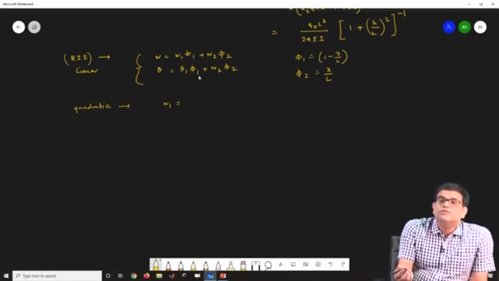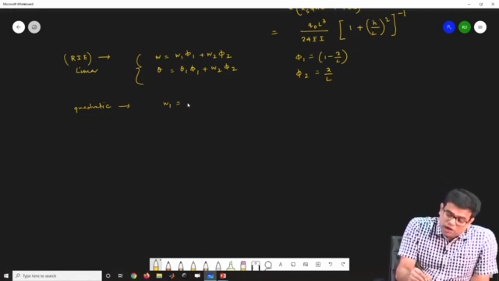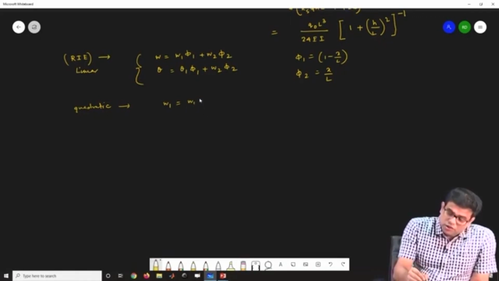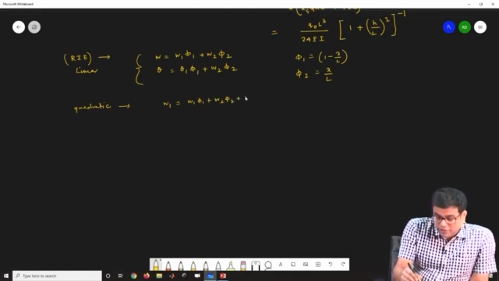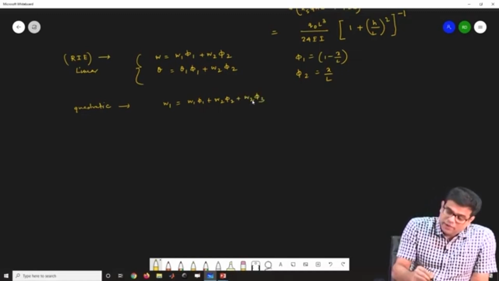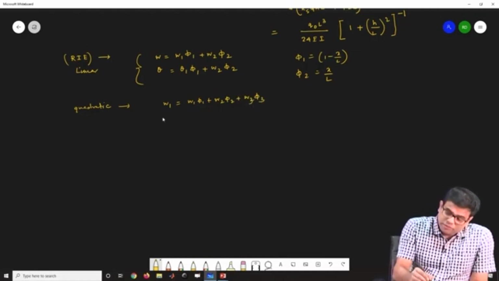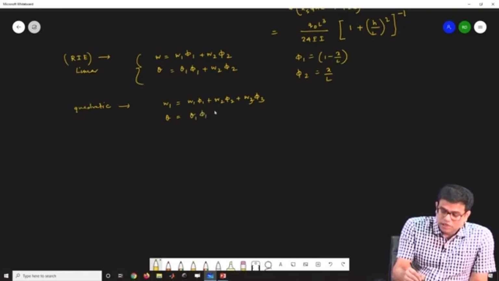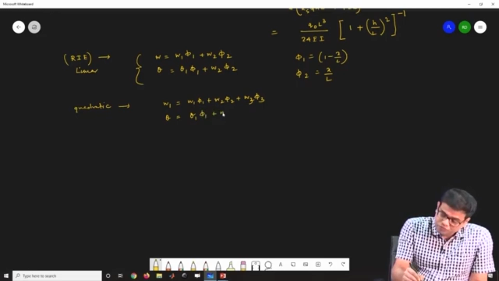Likewise we did for the quadratic bar element. So W1 phi 1 plus W2 phi 2 and W3 phi 3. We will see that this element has a little better performance because of the quadratic nature of the polynomial. That is theta 1 phi 1 and theta 2 phi 2 and theta 3 phi 3.